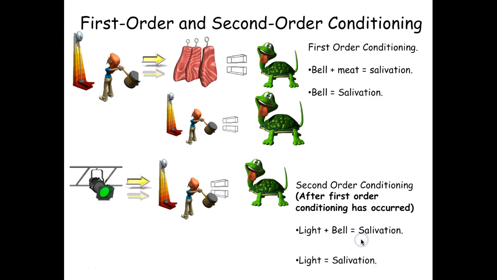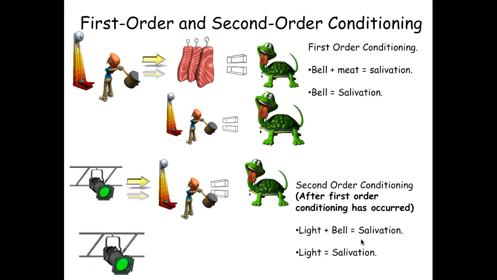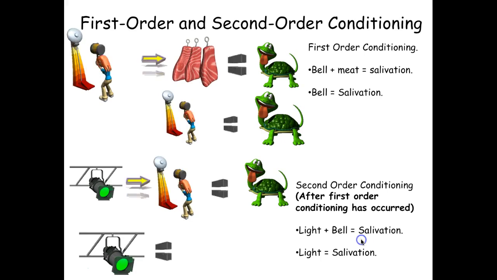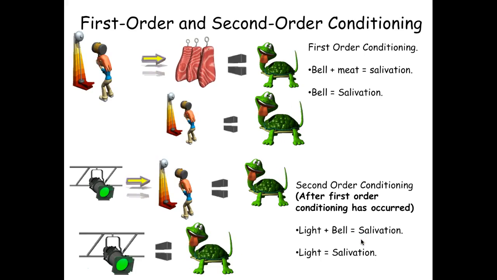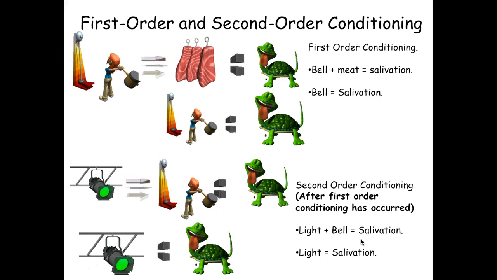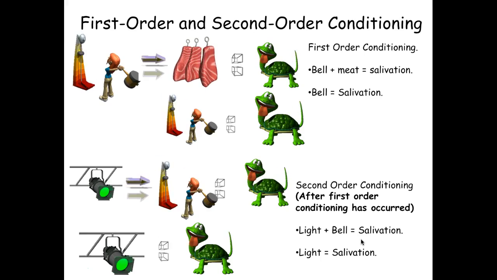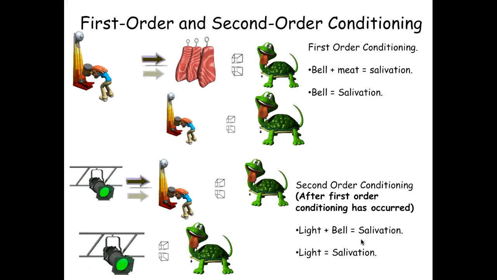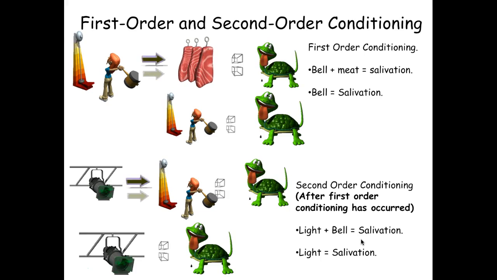And then eventually the light itself will skip the bell and will bring about salivation. So in second order, which is also called higher order conditioning, a new neutral stimulus can sometimes become a new conditioned stimulus, and all that is required is for it to become associated with a previously conditioned stimulus. Now, it tends to be weaker than first order conditioning, but it can be done.